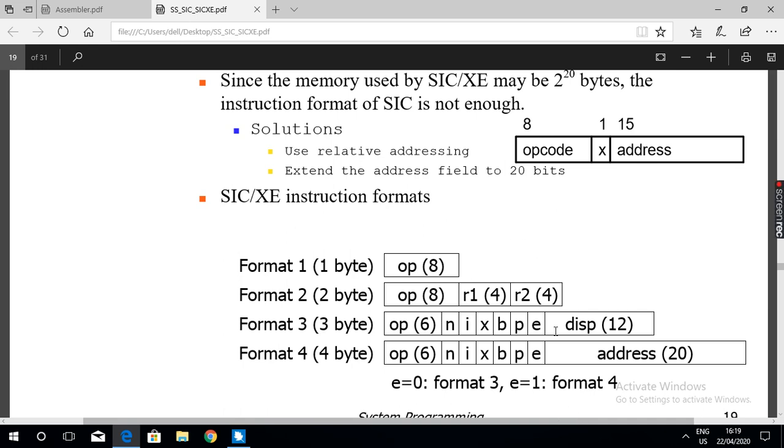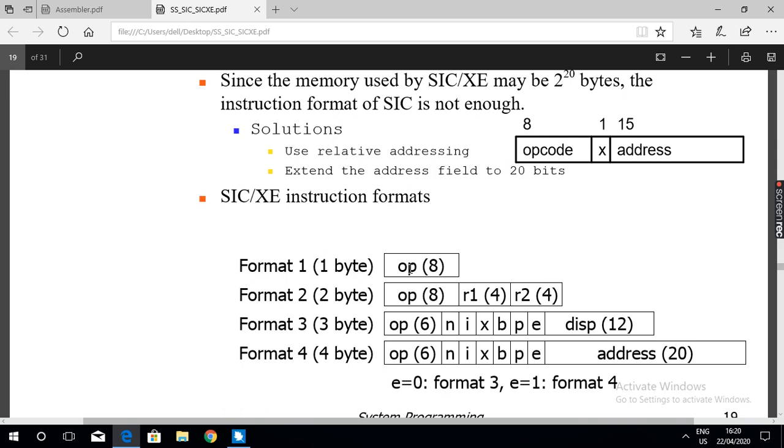In SIC/XE, instructions are stored in one of the following formats: format 1 or 1 byte, format 2 or 2 bytes, format 3 or 3 bytes, and format 4 or 4 bytes.